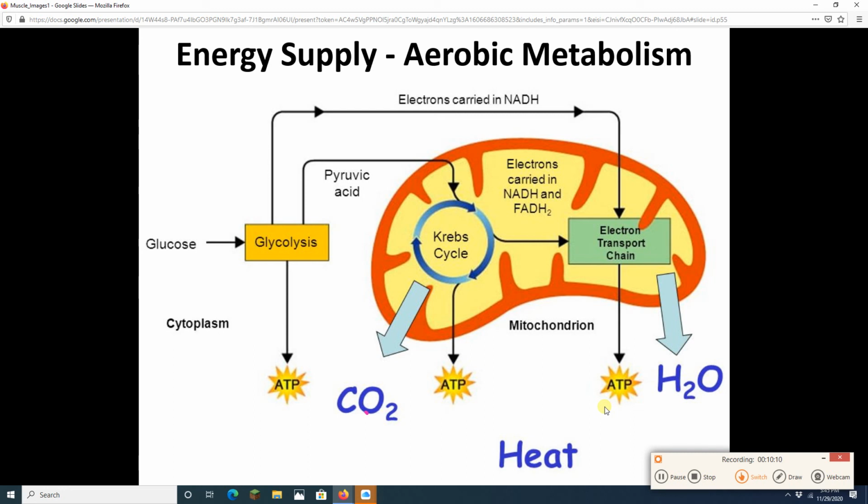But if we have oxygen, we can use the products of glycolysis in our mitochondria to do the Krebs cycle and the electron transport chain and make a lot more ATP. Really, doing it aerobically is the best way we make the most ATP. So I don't want you to get into more detail. Don't go crazy researching all these things.